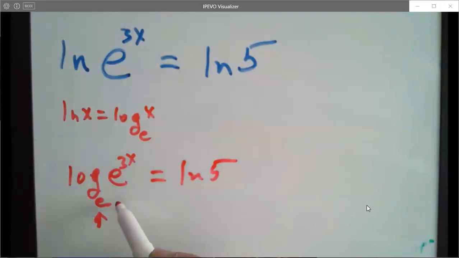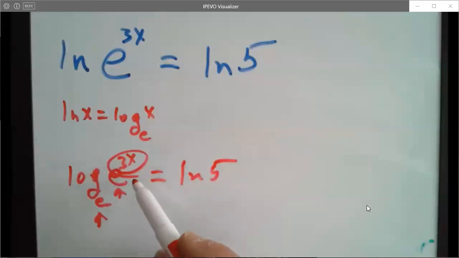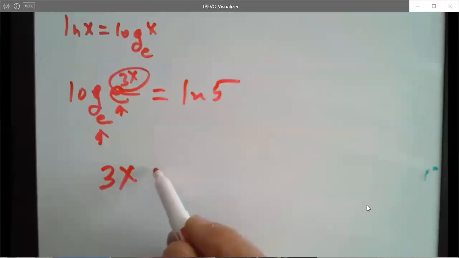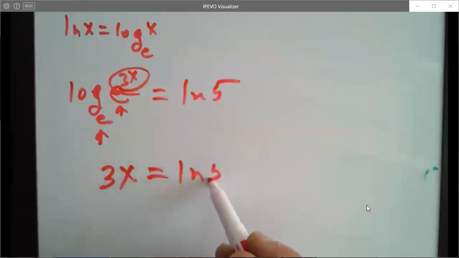Here, the base of our logarithm is the same as the base of our exponent, so that means these two cancel each other out. And so we just get 3x equals natural log 5.